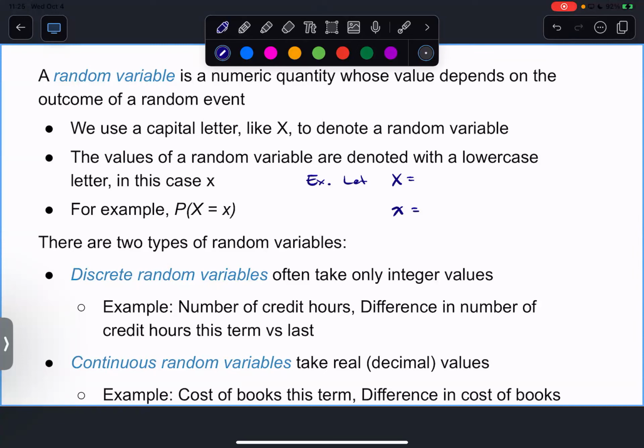It's pretty common because otherwise they look the same. If I let the capital X be this random process, I'll say rolling a die, then the outcomes are going to be 1, 2, 3, 4, 5, 6. I can roll one of those things.